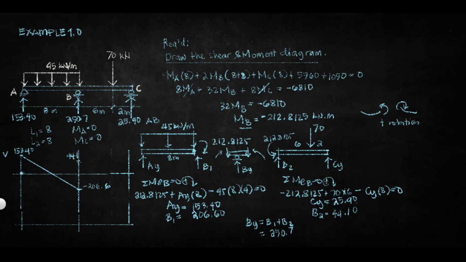So, from that, straight pa rin. Okay, 0. Nagbababa tayo dito ng 70 minus 44.1. We have 25.9. Okay, so bababa. Okay, from 44.1, bababa tayo 70. So, we'll end up with 25.9. So, ito yung magiging shear diagram natin.